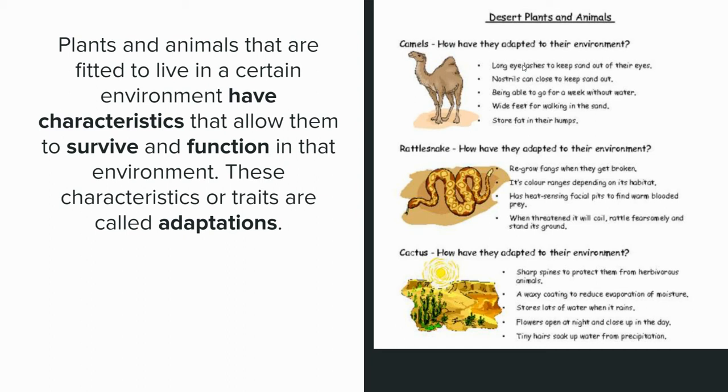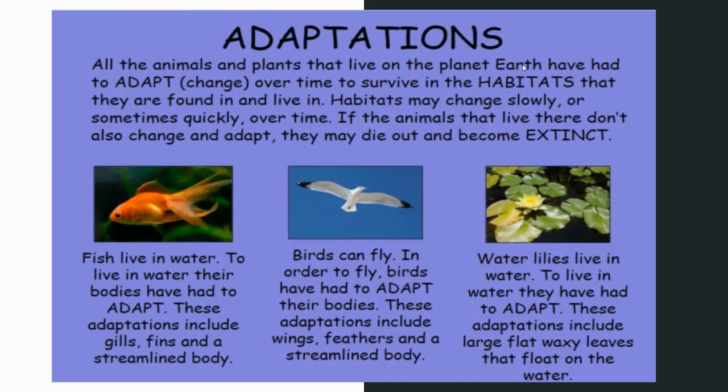That camel and the snake and the cactus have developed these adaptations to survive in that particular environment. The fact that the environment is dry and hot has made the organisms have those traits in the first place.